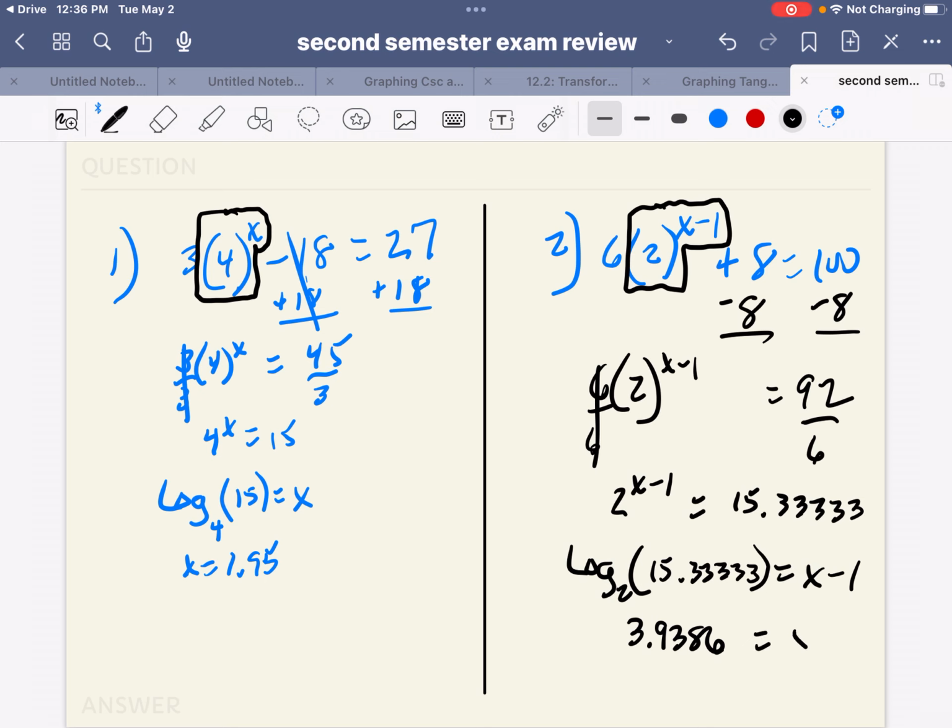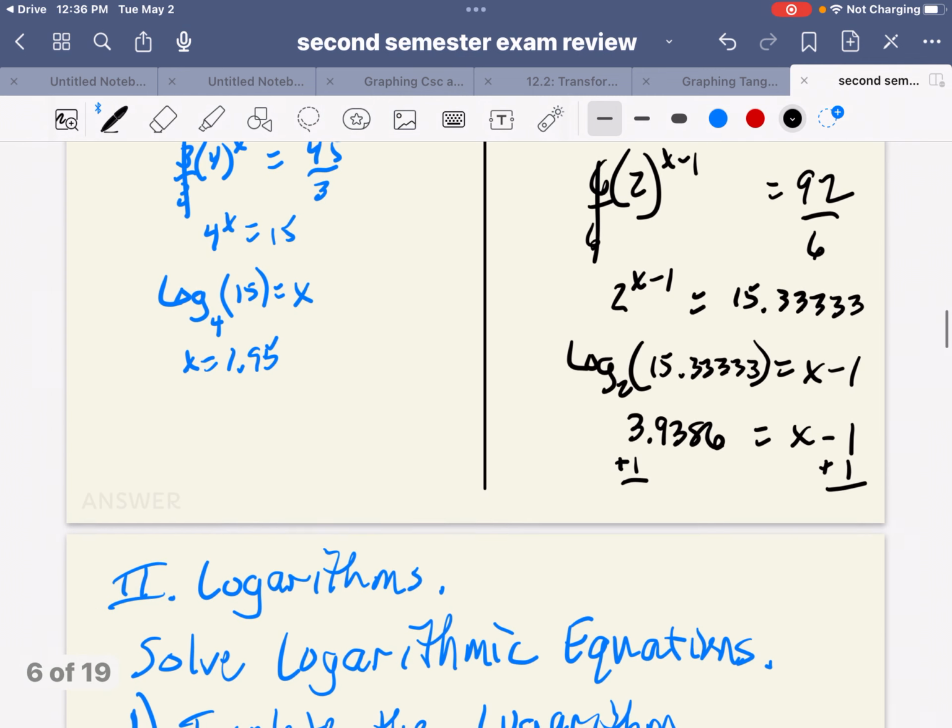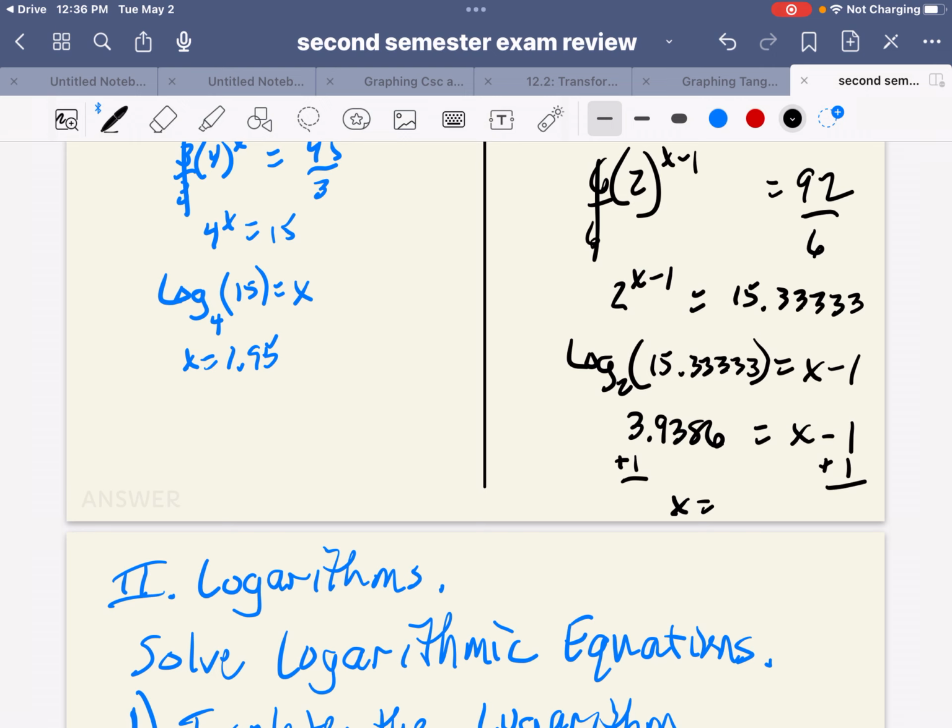Well, remember, that's not equal to x. That's equal to x minus 1 this time. So I've got to add 1 to both sides as a finishing touch. And of course, I want to add the whole number 1 to the whole number 3. And it looks like x equals 4.9386 would be our solution. So make sure that you can solve exponential equations with logarithms.